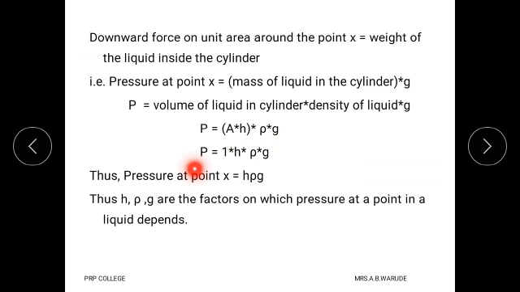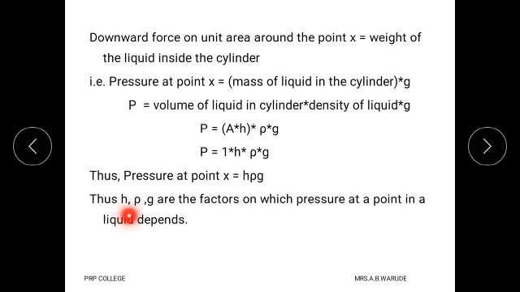And therefore we write P equals, for area the value is 1, H as it is, into rho into G, and therefore pressure at point X is equal to H rho G.